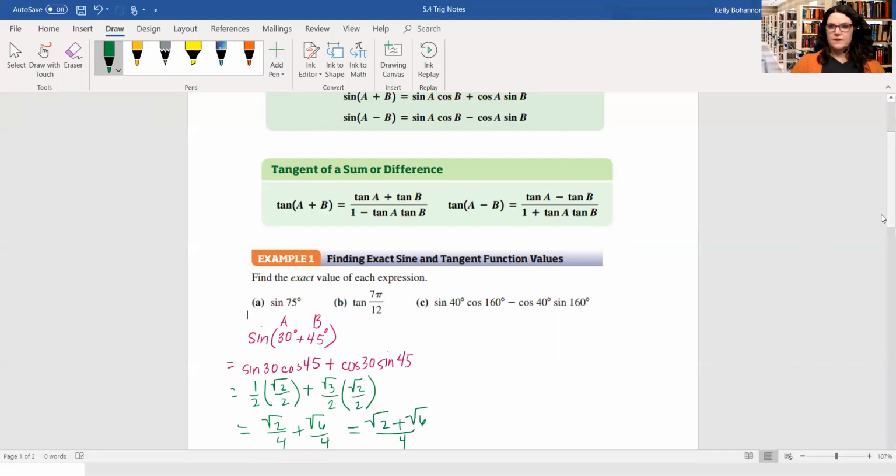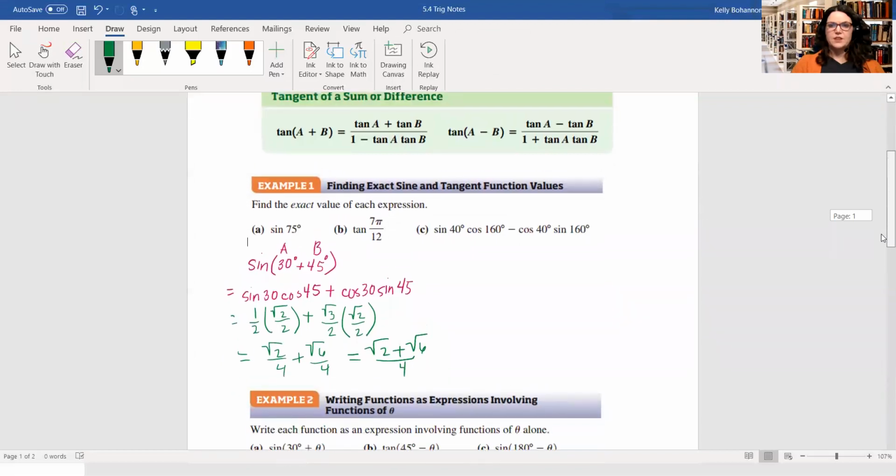All right, so same thing. This time we're going to do tangent, and our tangent problem happens to also be in radians. That's okay. Remember, just like we talked about the other day, it works the same for radians as it does for degrees. So I need tangent of 7 pi over 12.